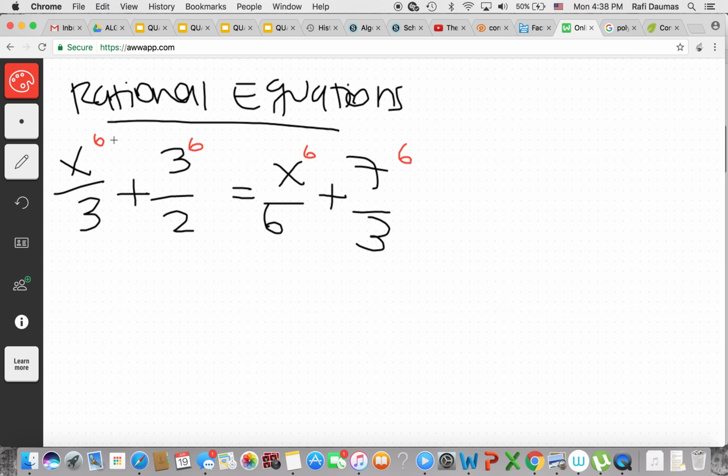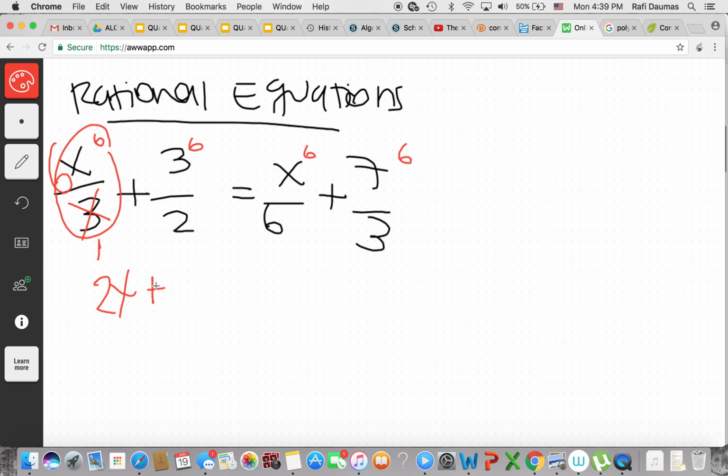And we see here 6 divided by 3 would be 2. So this would pass on to be 2x, and this cancels out. Then it's 6x divided by 3, and that would be 2x.